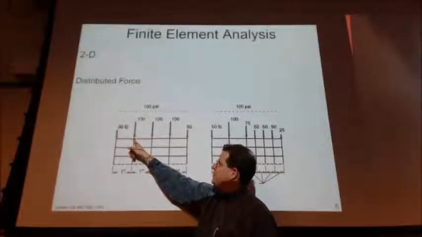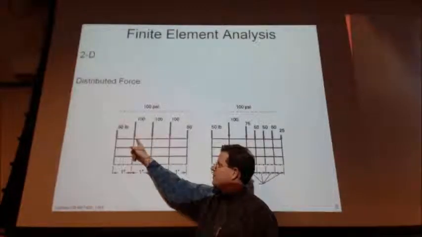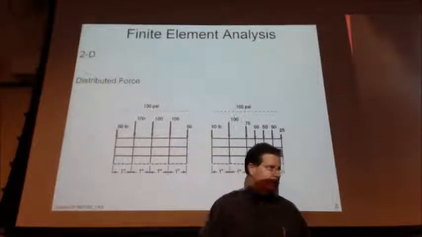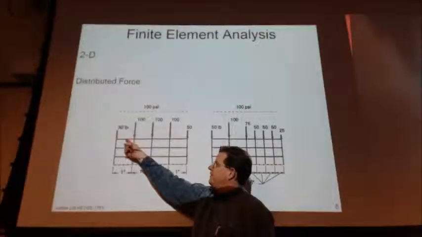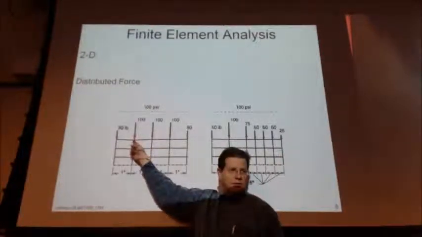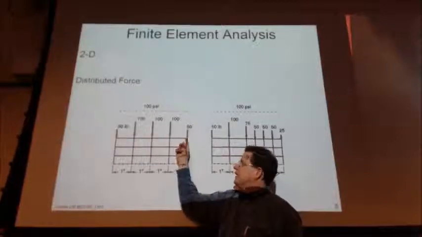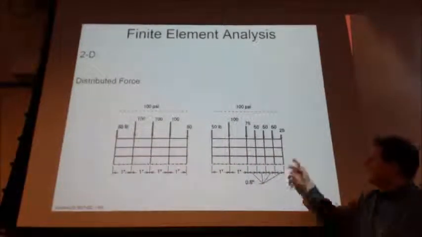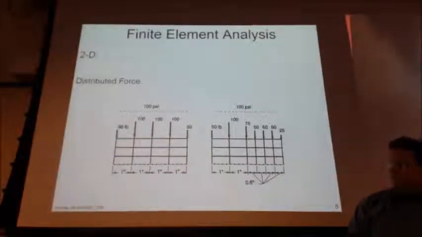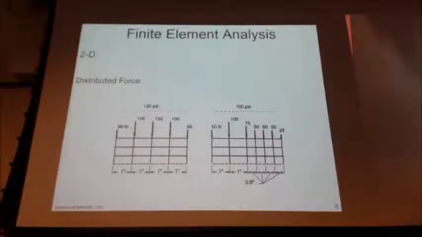And I'll have 50 pounds here and 50 pounds here to get my 100 pounds on that element. So I have 50 from this one and 50 from that one, so this one's 100. That's why the two end ones are 50 and the middle ones are 100. They're just subdividing it on this picture. But when you're applying your distributed loads, that's what you want to do.